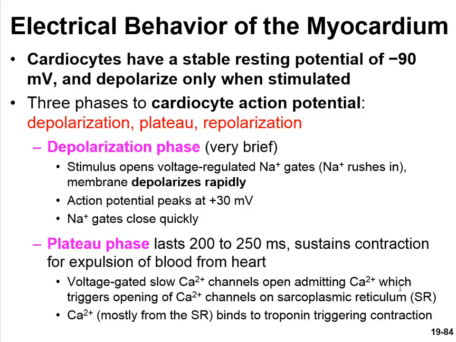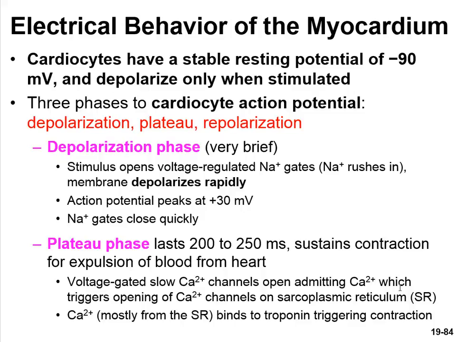So that's all a lot like in the nervous system there. But the plateau phase is different. This lasts from 200 to 250 milliseconds, which sustains the contraction for expulsion of blood from the heart.